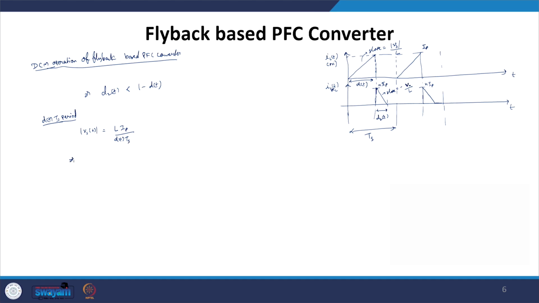Now I can write I peak as nothing but d of t Ts divided by L times modulus Vs of t.